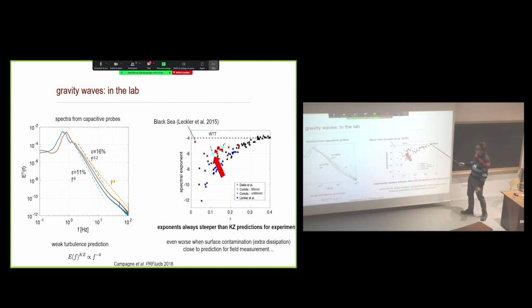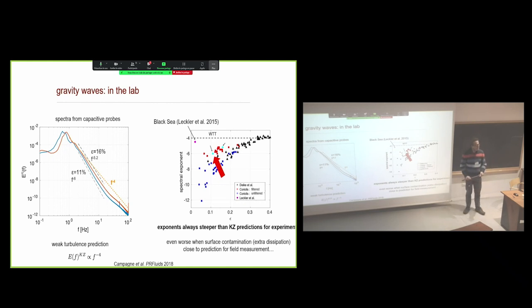So that's somehow contradictory because this exponent is supposed to be in the limit of weak turbulence, the -4 prediction, but we never observe it, especially when we go to small slopes. Whereas in the sea, you all know that well, we can get exponents that are very close to -4, even for very very small slopes. So what's the problem here?